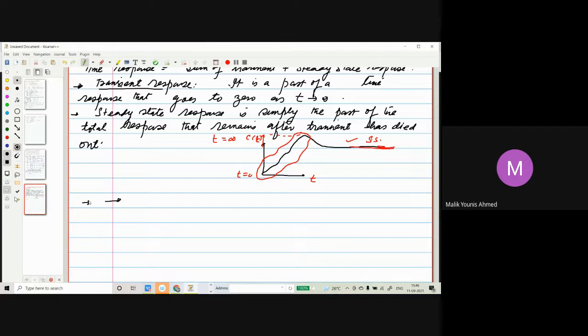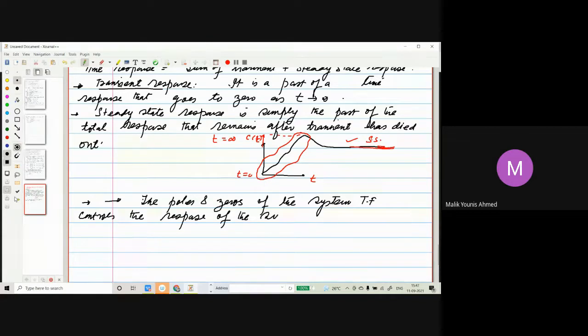The poles and zeros, we will talk about these poles and zeros of the system transfer function. They will control the time response. So who will control the time response? The poles and zeros of the system transfer function control the response of the system, as we'll see later on in the progressing lectures.